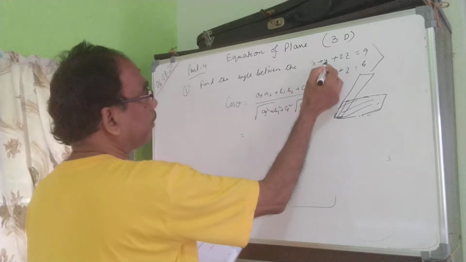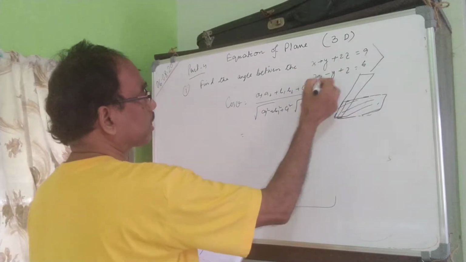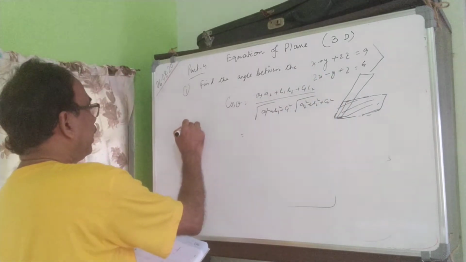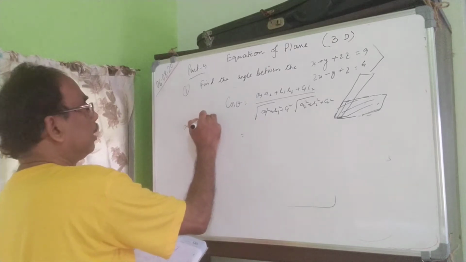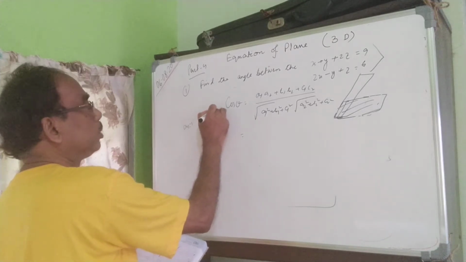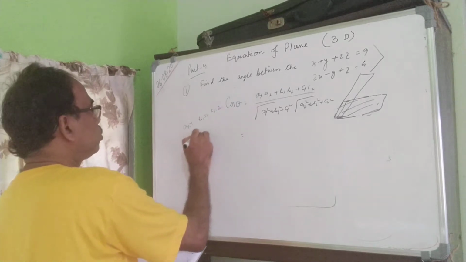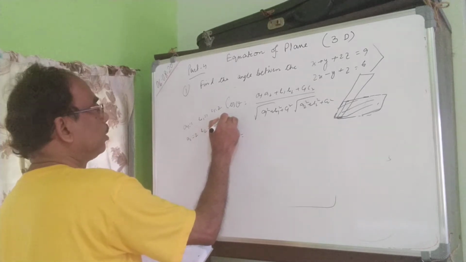Here a1 is 1, b1 is 1 and c1 is 2, a2 is 2, b2 is minus 1 and c2 is 1.